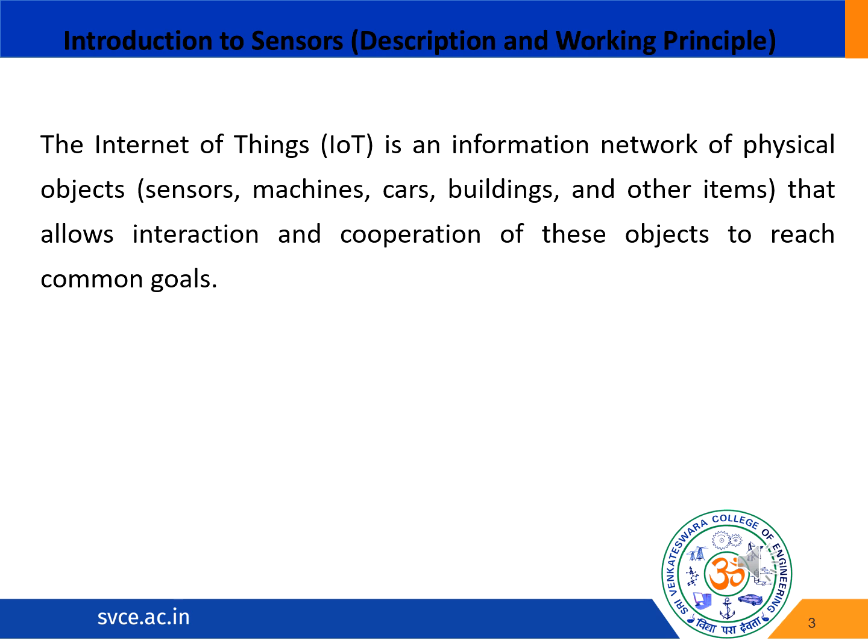Sensors are basically devices that detect changes in the environment. They perceive from the environment and convert these changes into signals that can be measured and recorded. Sensors can be used anywhere in the environment, for example in machines, cars, buildings, and any other network devices that allow interaction and cooperation of these objects to reach common goals.